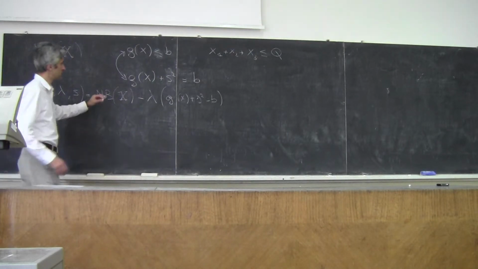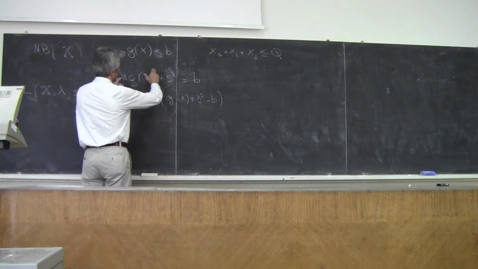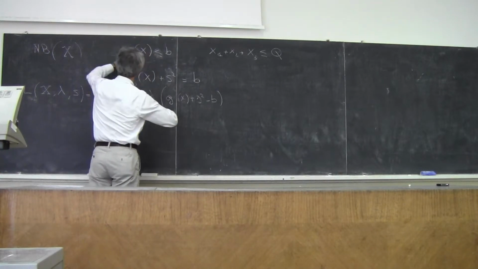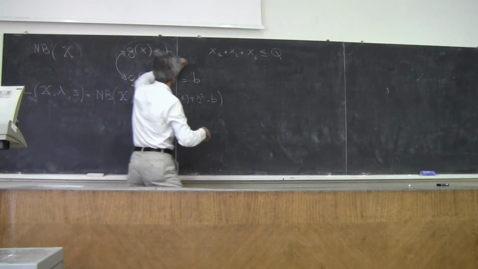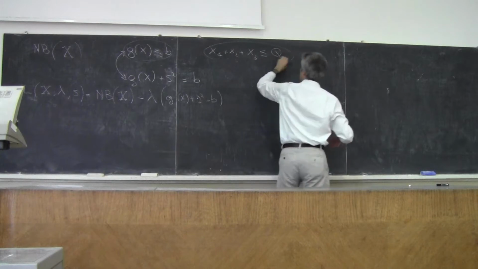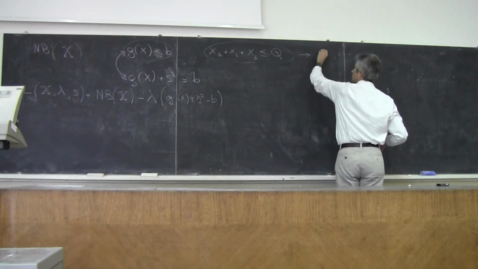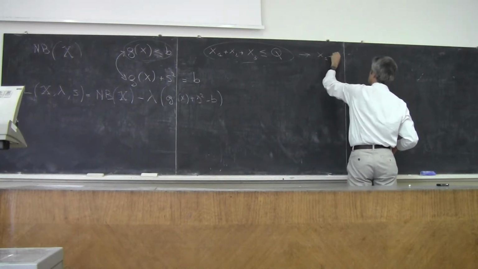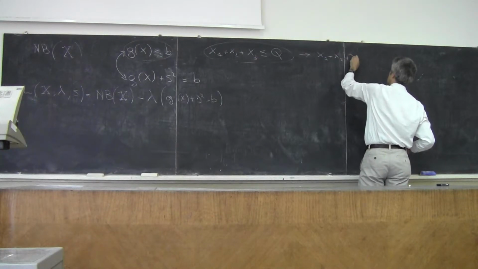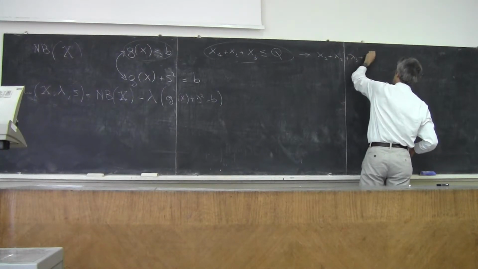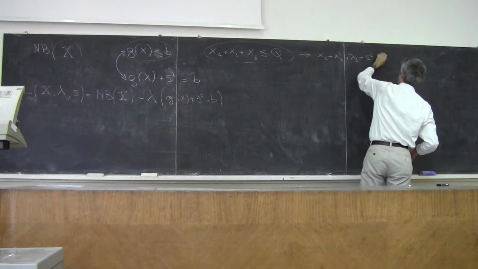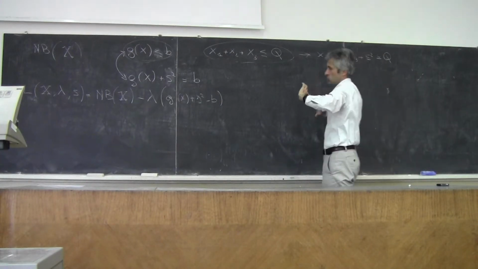The same thing is if you use, instead of this general relationship here, this one. In this case, it becomes x1 plus x2 plus x3 plus s squared is equal to Q. Same thing, doesn't change anything.